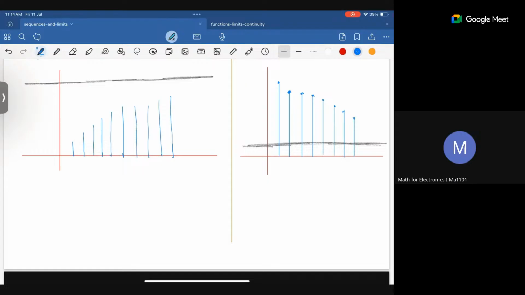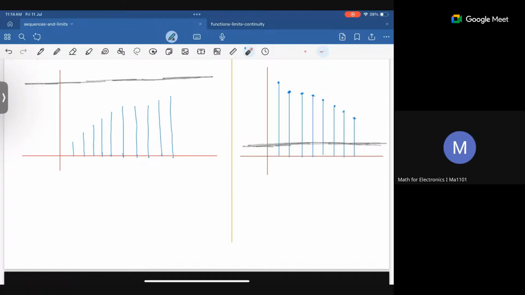All these dots should lie above. The sequence is going down, but it can't go below this, so somewhere it has to converge above this black line. That is the limit existence. This is what MCT says.